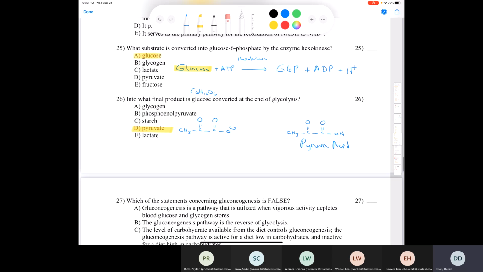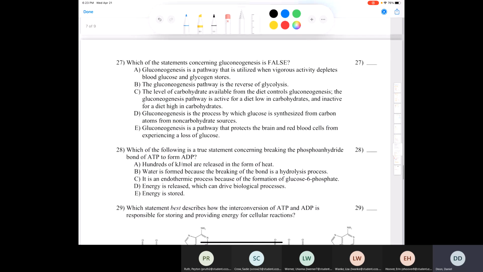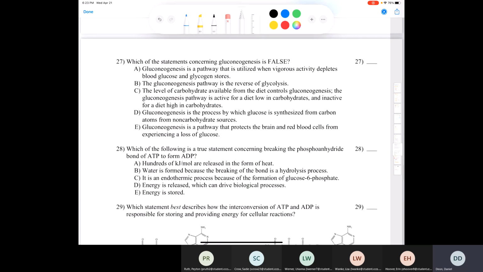Okay, question number 27. Which statement concerning gluconeogenesis is false? Well, we learned that gluconeogenesis was the synthesis of new glucose from non-carbohydrate starting materials. A says gluconeogenesis is a pathway that is utilized when vigorous activity depletes our blood sugar and glycogen stores. Absolutely, we would use it then.